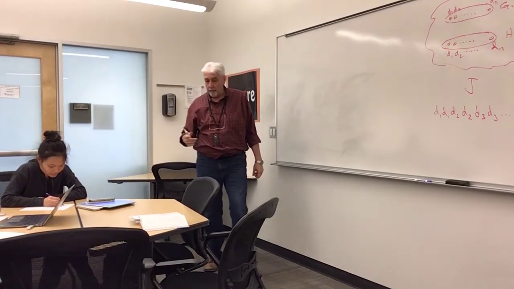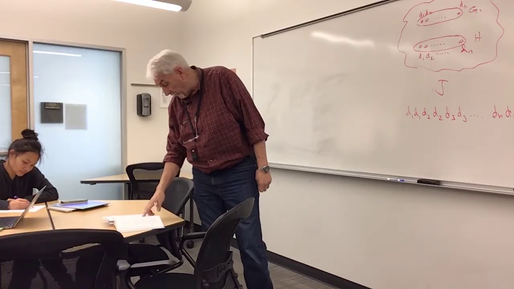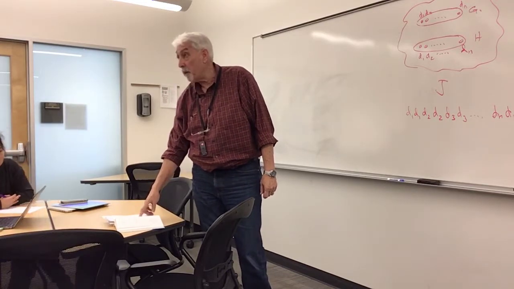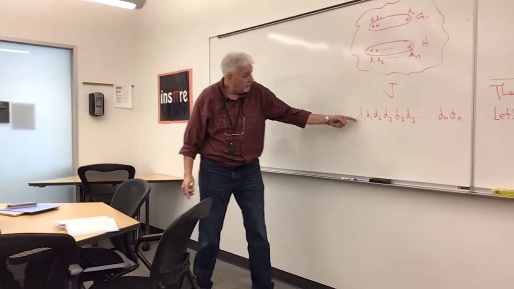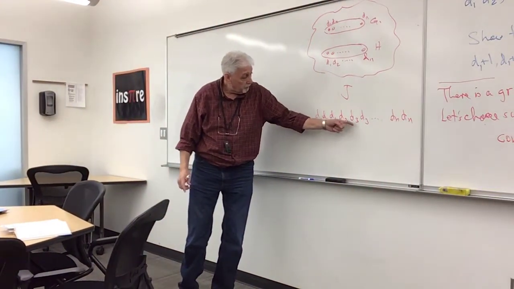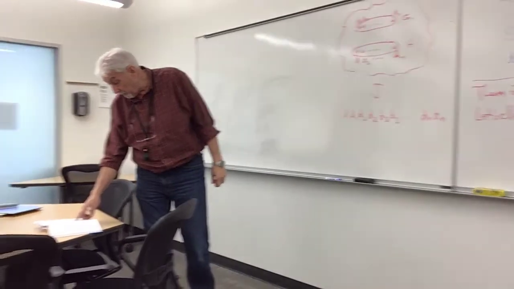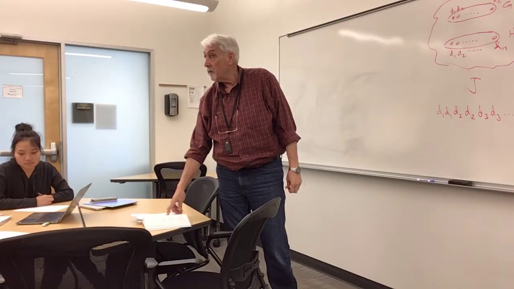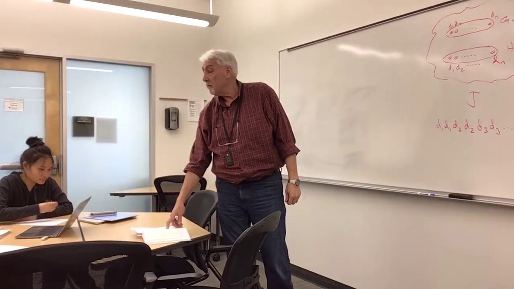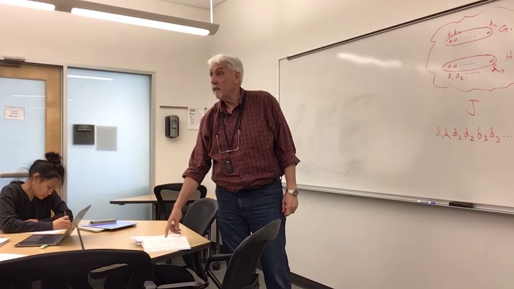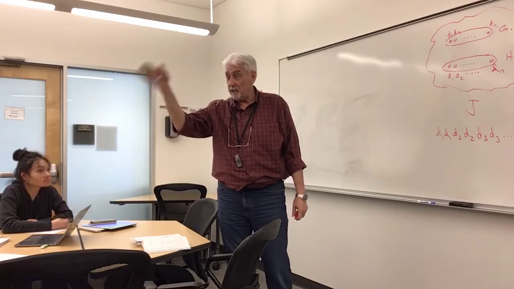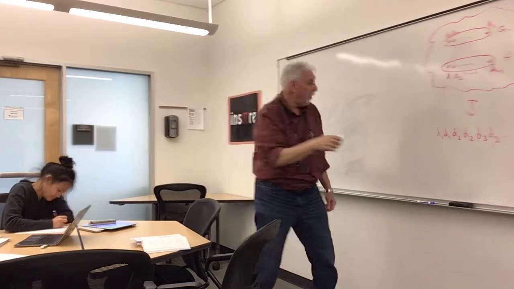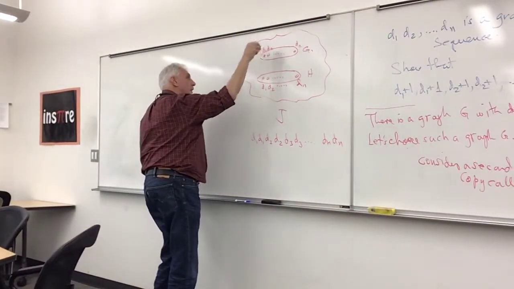But I need D1 plus 1, D1 plus 1. Right now, I have D1, D1, D2, D2, D3, D3. I need D1 plus 1, D1 plus 1. What should I do? Tell me what you want to do. Yeah, I want to put an edge in between.